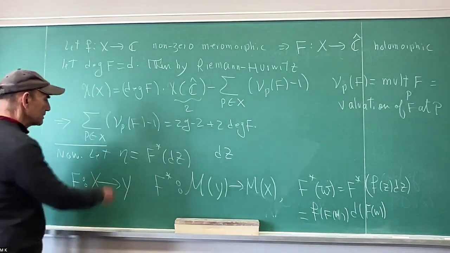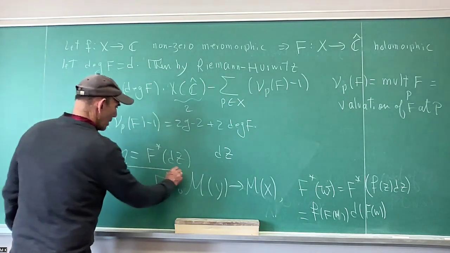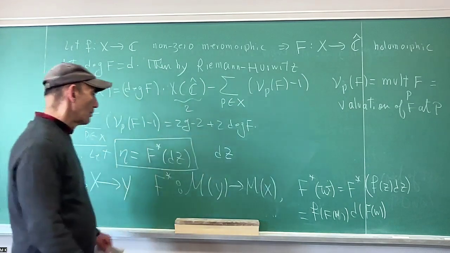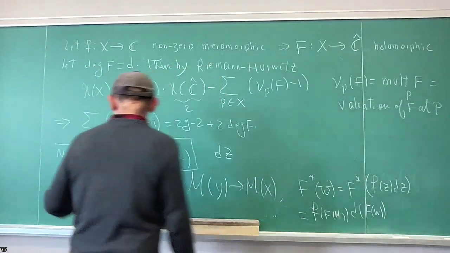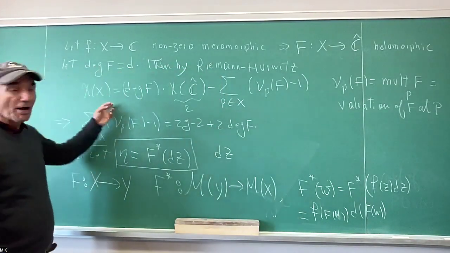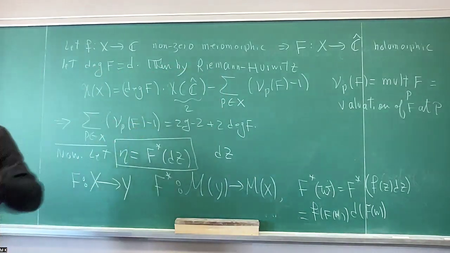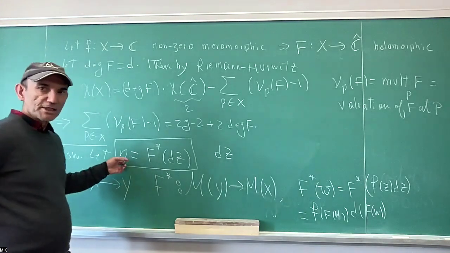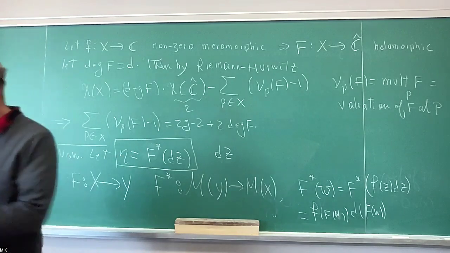So there is this meromorphic one-form on X. As soon as you get a meromorphic function on X, you can pull back this God-given one-form dz on the sphere, and you get a form. Now we want to show that the degree of eta is actually equal to minus the Euler characteristic.